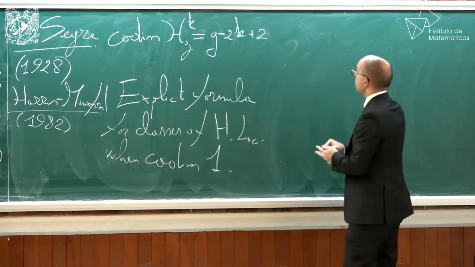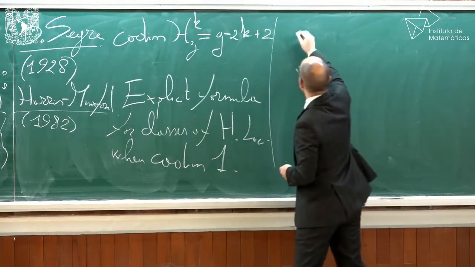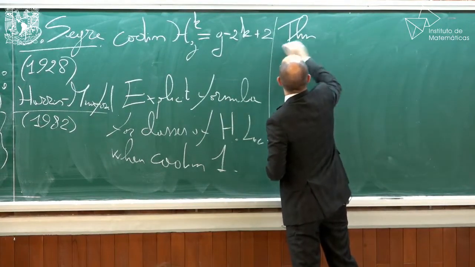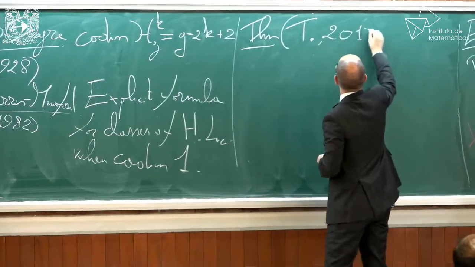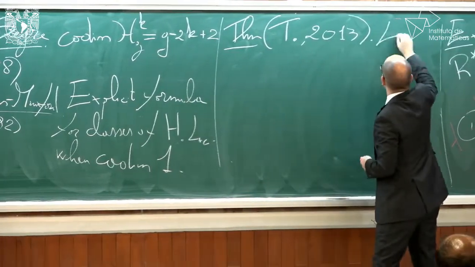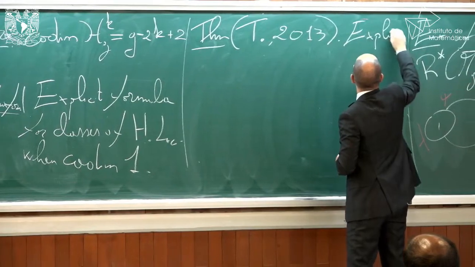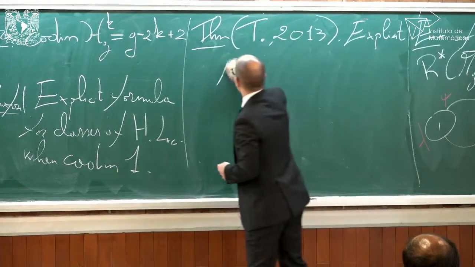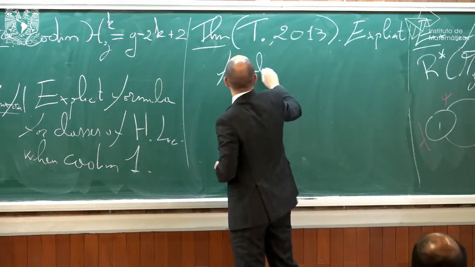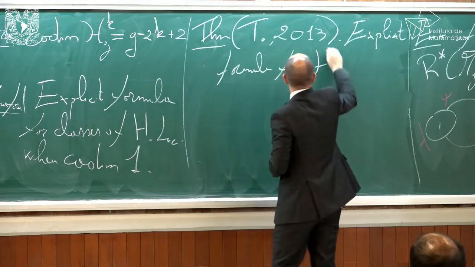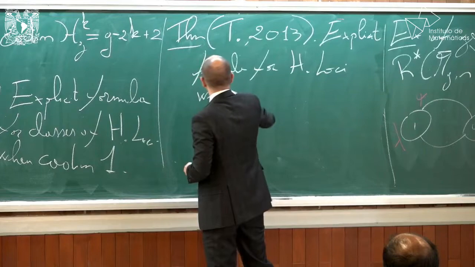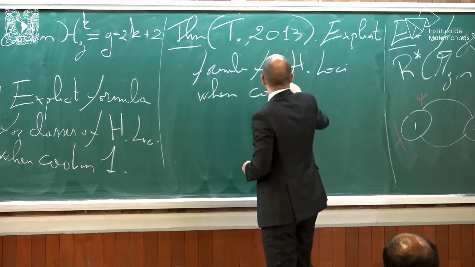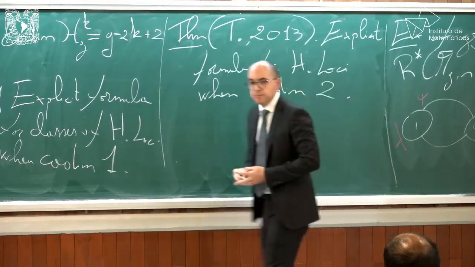So my first result was the following. My first contribution to this field was an explicit formula for Hurwitz loci in the next non-trivial case, when the codimension is 2.